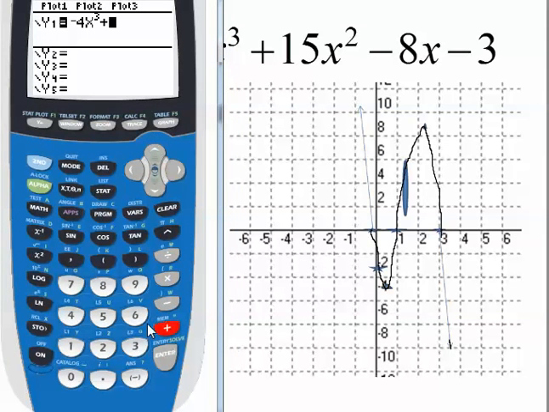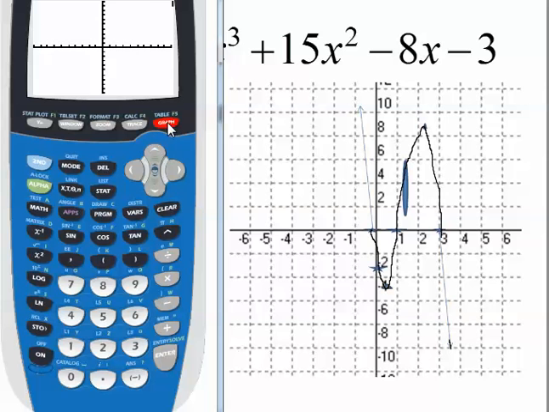Plus 15x squared minus 8x minus 3, and I graph that.